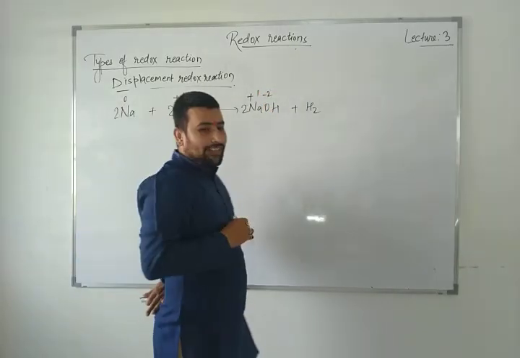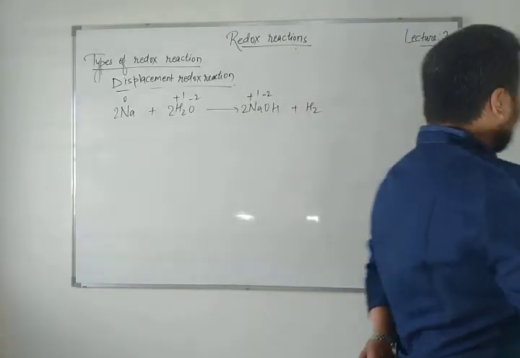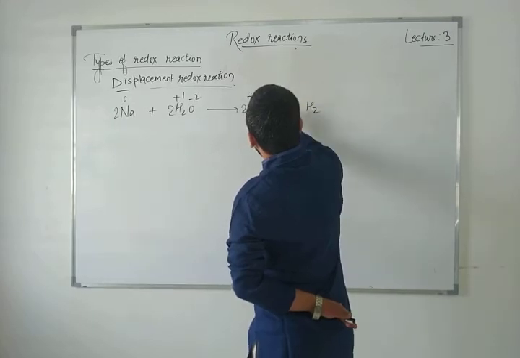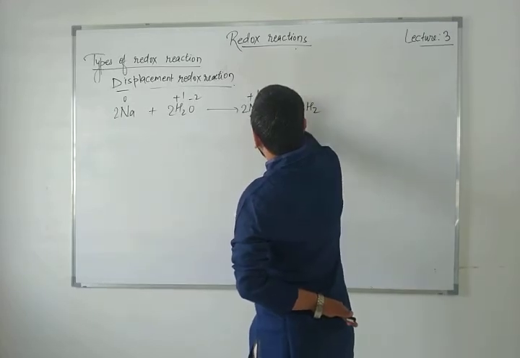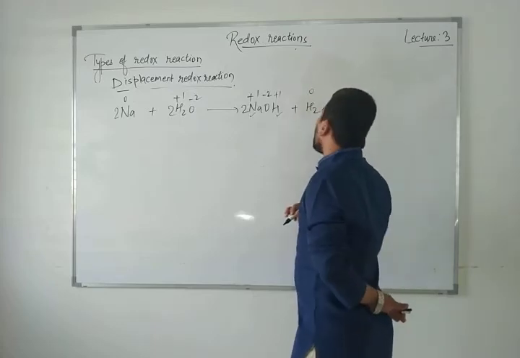Is it okay? Can we write like this? Yes or no? Generally you write Na+ and OH-, but here I am going to show you that hydrogen is +1, sodium is +1, and oxygen is -2. And here hydrogen exists in the zero oxidation state.